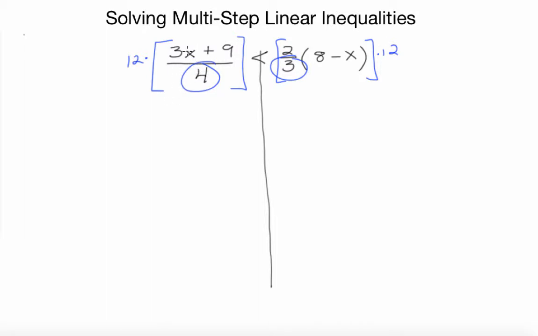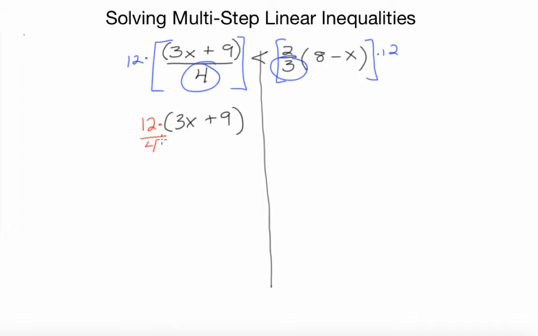I'm taking 3x plus 9, and I'm going to put parentheses around that to show that it's one whole group. Currently all of that is being divided by 4. When I multiply that by 12, I can think about multiplying by 12 and then dividing by 4.